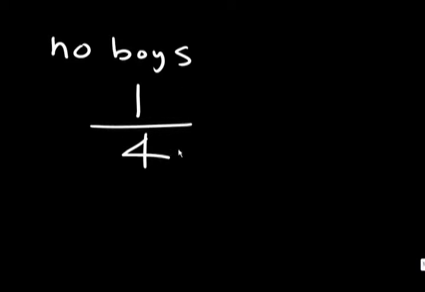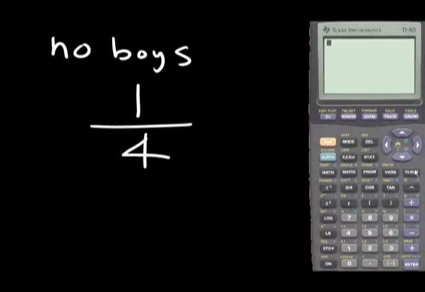For no boys, there is one outcome out of the 4 possible outcomes. Numerically, the probability is 0.25.